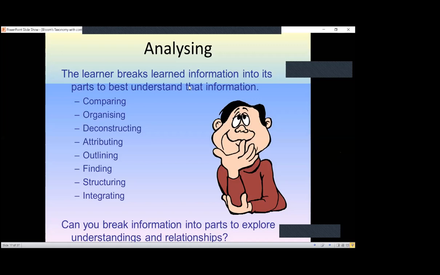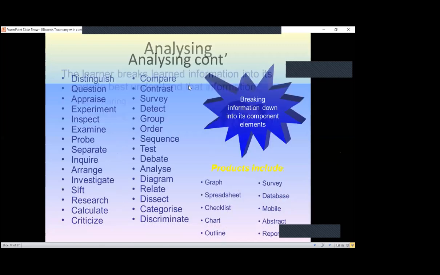Basically, breaking the information into parts and understanding the relationship between those parts with each other. When we are comparing, we are analyzing. What are the similarities? What are the differences? It is nothing but analysis. These are a few verbs that can be used: distinguish, compare, contrast, detect certain things. You can make the sequence of given incidences, or numbers, or whatever it is.